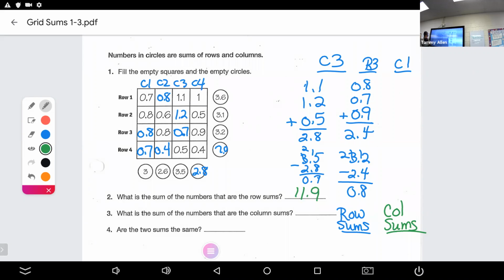Adam, what was your sum? 11 and 9/10. Everybody get 11 and 9/10? Were the two sums the same?